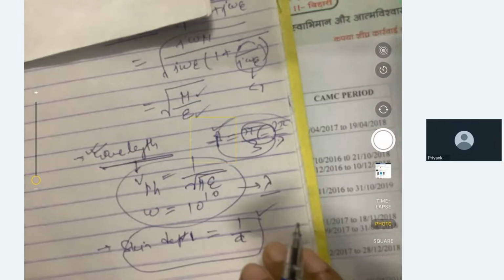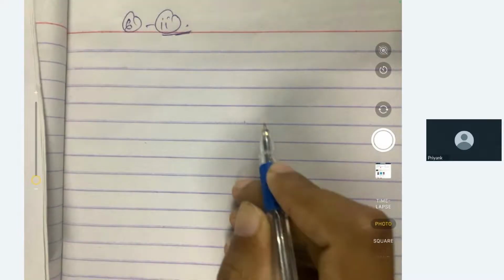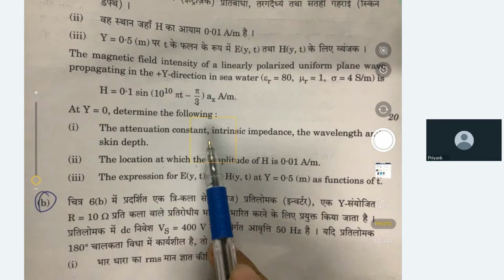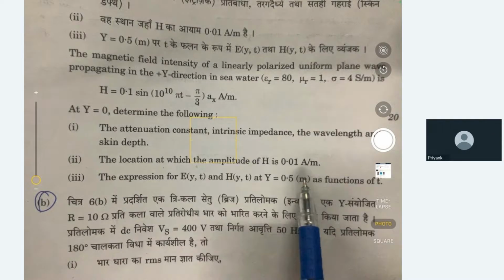Now coming to part 2 of this question. Here it is written: the location at which the amplitude of H is 0.01 ampere per meter.